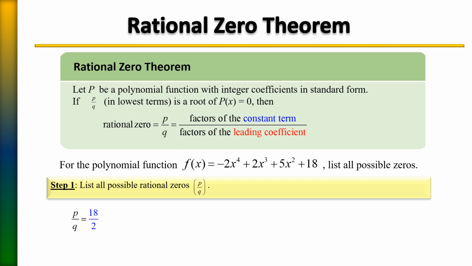Okay, so let me go ahead and erase that, and we're going to write those factors with both the positive and the negative, plus or minus. That is how we write it with the rational zero theorem, because you are trying to list all possible zeros that there might be. So let's go ahead and do that. There it is. And by the way, normally they are listed in order.